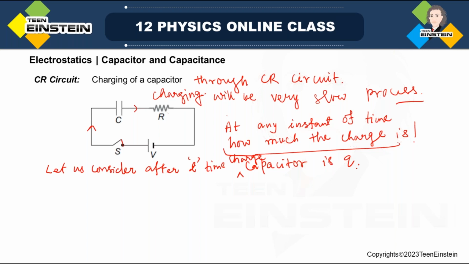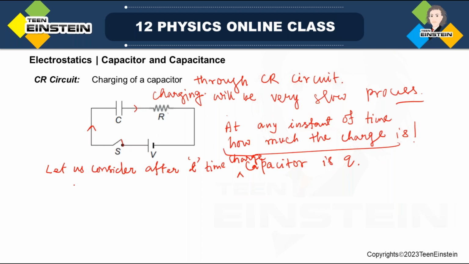How it varies with time, that we will see. So after time t, say the current in the circuit is I.